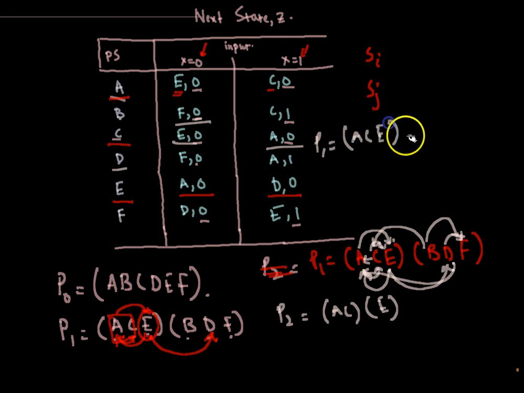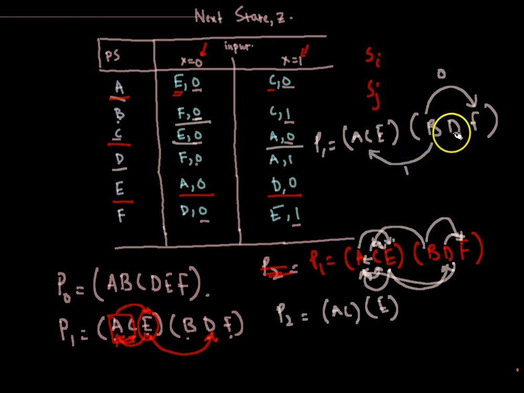So A, C, E, and we had B, D, F. For B, for 0 it goes to F, for 1 it goes to C. For D, for 0 it goes to F, for 1 it goes to A. For F, for 0 it goes to D in the same set, and for 1 it goes to E. So they are all showing the same behavior.